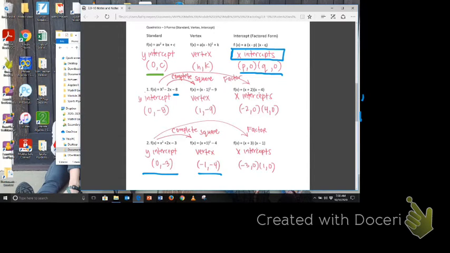And you have the x-intercepts from the factors, and you do opposite, so negative 3, 0, and positive 1, 0. You could put all these points on a graph, and then they would make your parabola, your U-shape.